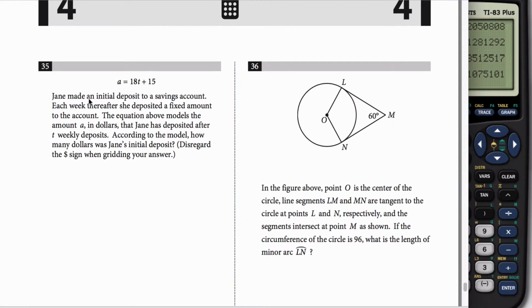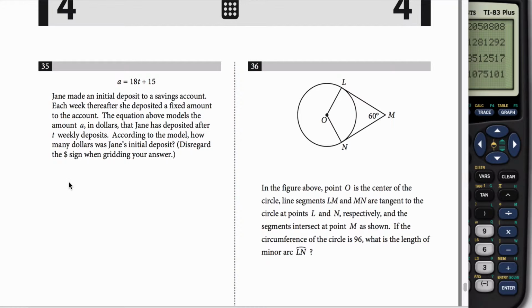35. We got a linear equation here. A equals 18t plus 15, where A is the amount of dollars that Jane has deposited after t weekly deposits. So the idea is she starts out with 15 bucks and then she puts 18 more dollars in every single week. According to the model, how many dollars was Jane's initial deposit?